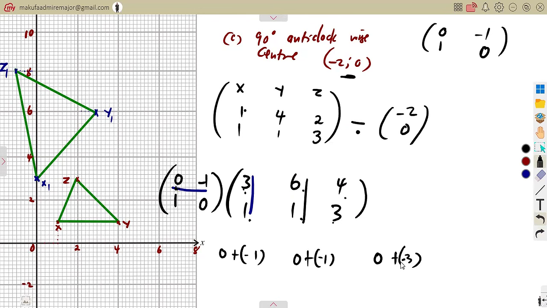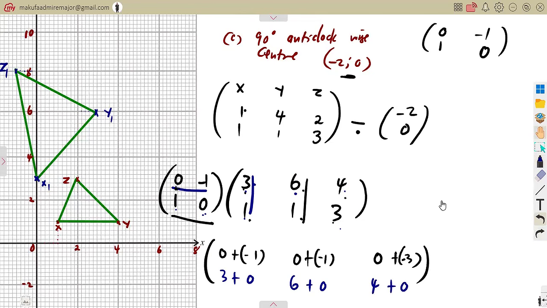Then you can combine. After this, you combine, back to the first column. 1 versus 3, that is 3, plus 0 and 1, that's a 0. 1 and 6, 0 and 1, 1 and 4, 0 and 3.